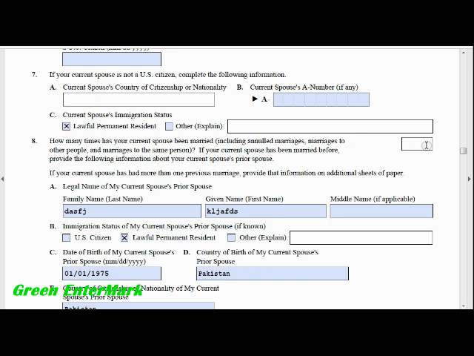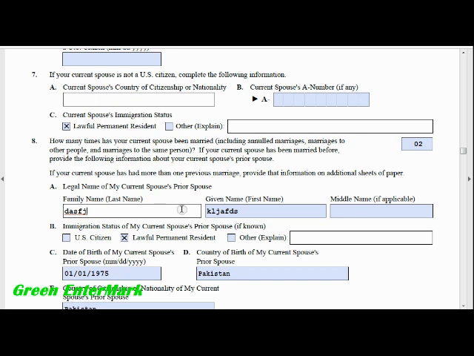And if it's the second marriage, you have to mention 2. Now if your current spouse has had more than 1 previous marriage, provide the information on an additional sheet of paper. So this is the legal name of my current spouse's prior spouse.